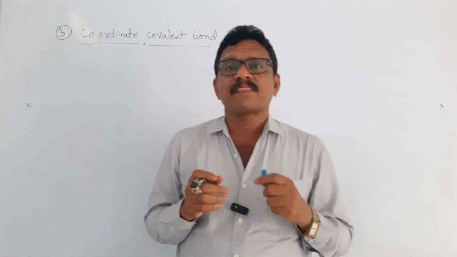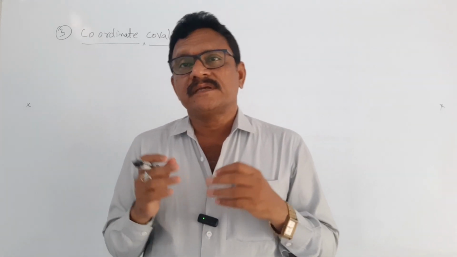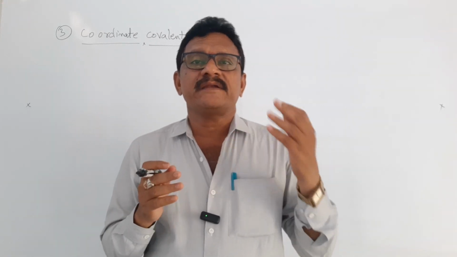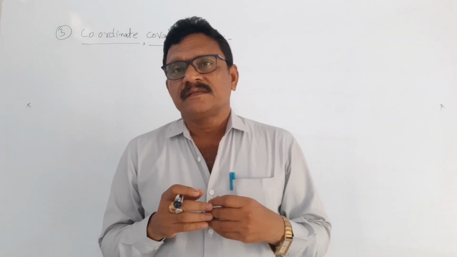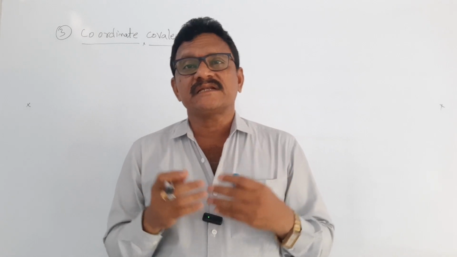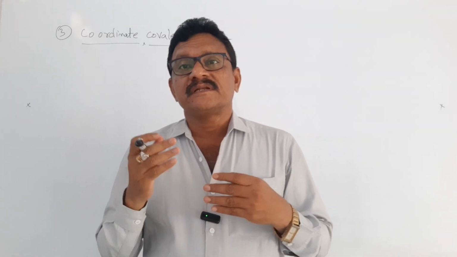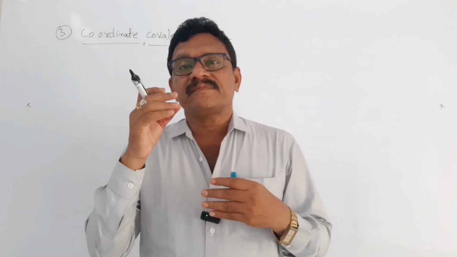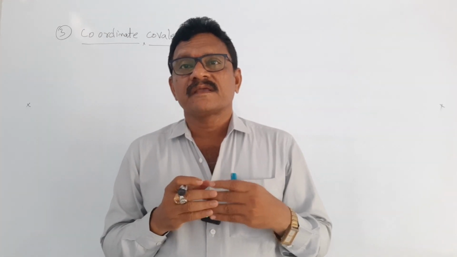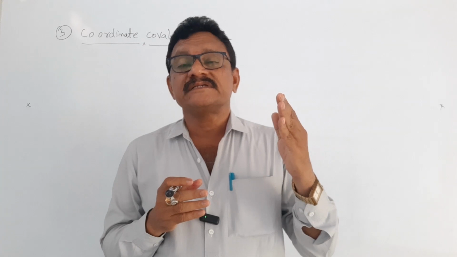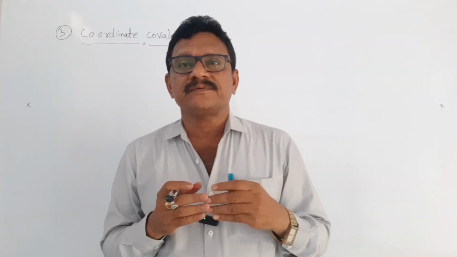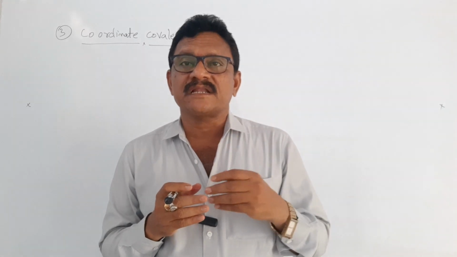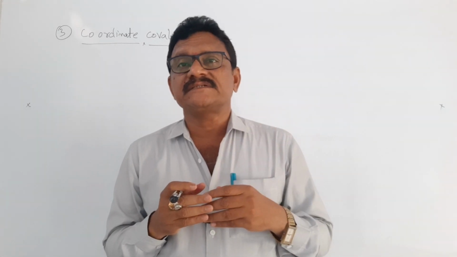In our syllabus, we will be having a beautiful example. What is that? Ammonia and boron trifluoride. You know, ammonia is an electron rich molecule. Nitrogen contains a lone pair of electrons on it. Boron trifluoride is an electron poorer molecule, an electron deficient molecule. Moreover, third A group elements all are called electron deficient elements.